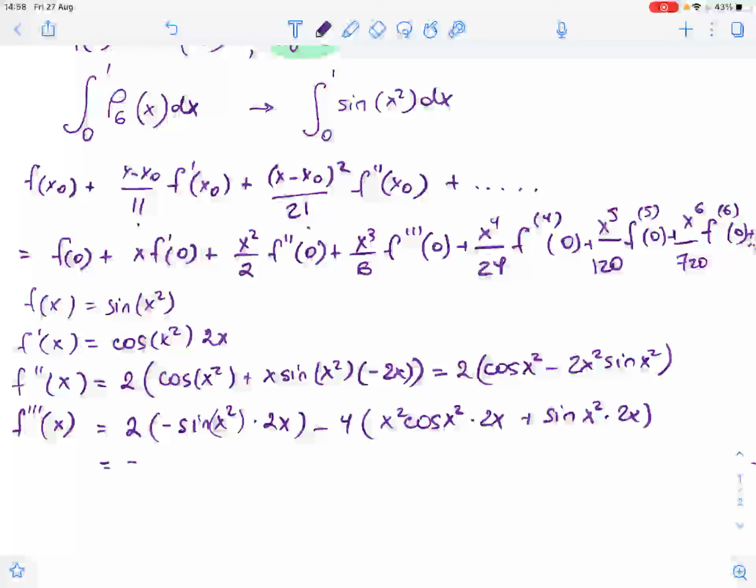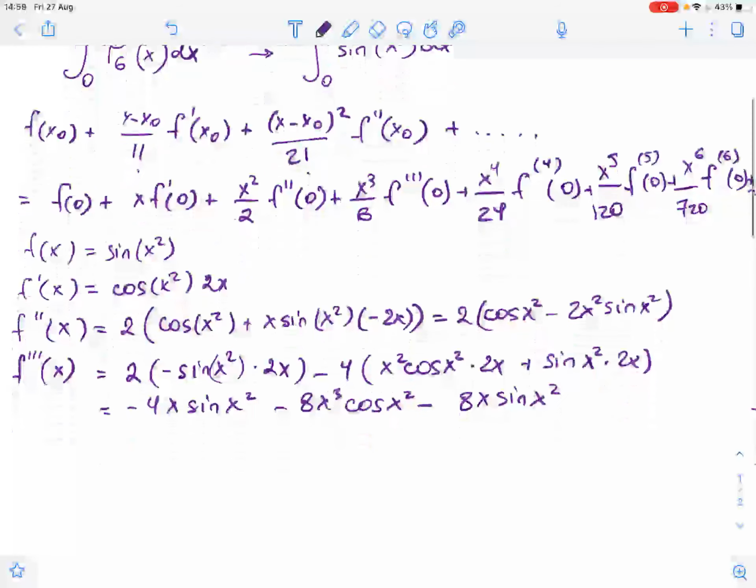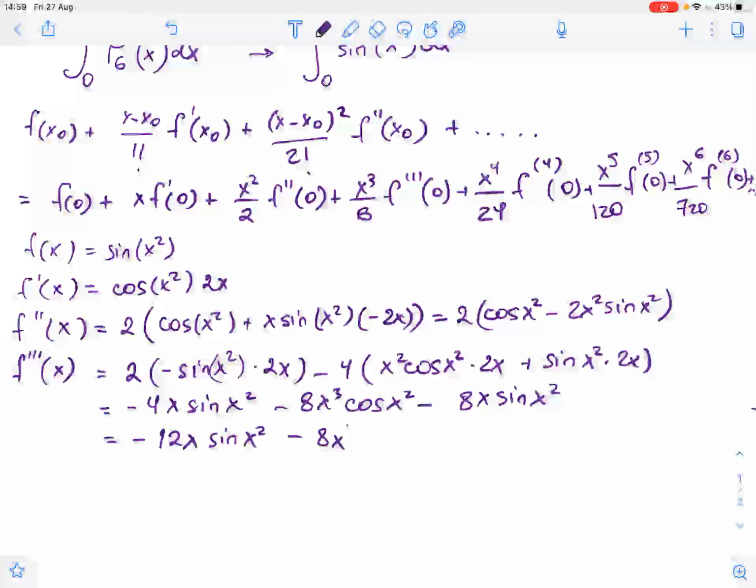This equals negative 4x times sine of x squared minus 8x cubed times cosine of x squared minus 8x times sine of x squared. Then this equals negative 12x times sine of x squared minus 8x cubed times cosine of x squared.